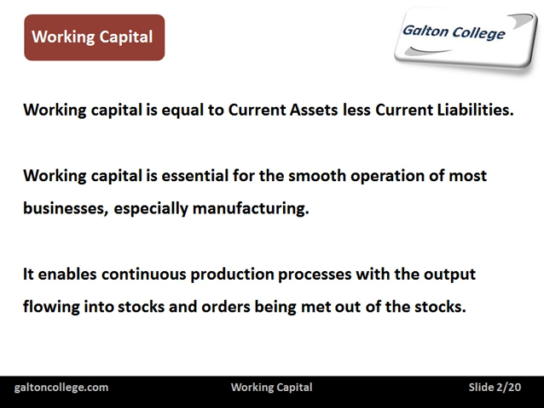Now, managing that process is important. It's important to ensure that the customer is satisfied with the service, but also that the stocks are not too large, because holding stock is expensive. So the management of working capital is critically important for the survival of the business.